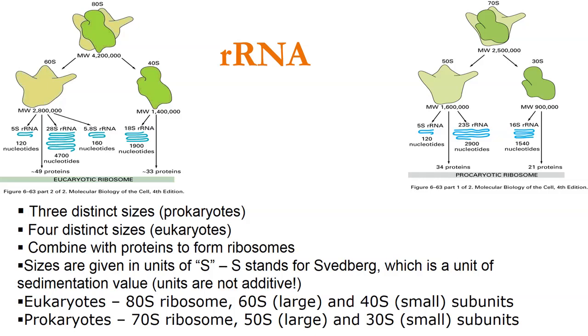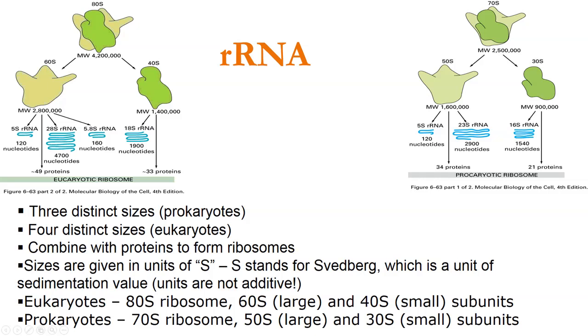The quicker you learn it, the easier your life will be. So get them straight in your head now. What I do want you to know about ribosomal RNA, not the specific sizes, is that we have 3 distinct ribosomal RNAs in prokaryotes and 4 in eukaryotes.